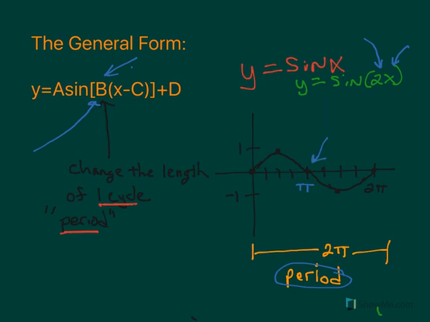The formula that we use to find the period is 2 pi divided by the b value. In this case, our b value was 2. So 2 pi divided by 2 tells us that the new period value for one cycle is going to be pi.